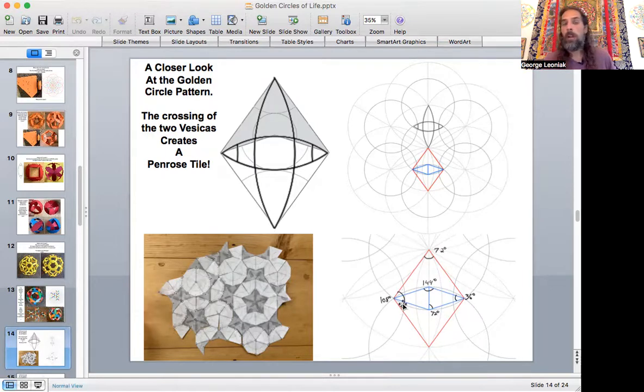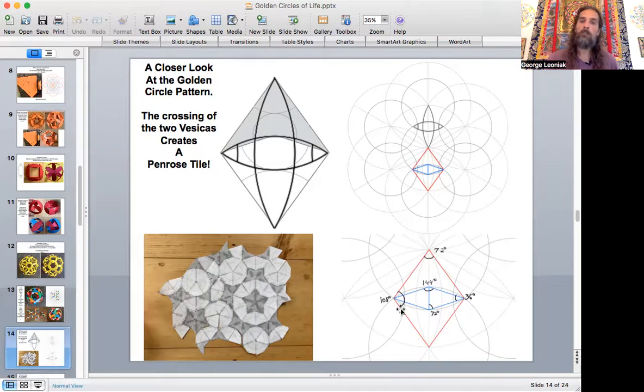And then what happens here, though, is that the whole length of the red outline here is following the other big flower of life petal, the other seed of life petal here, that actually creates the 108-degree angle.